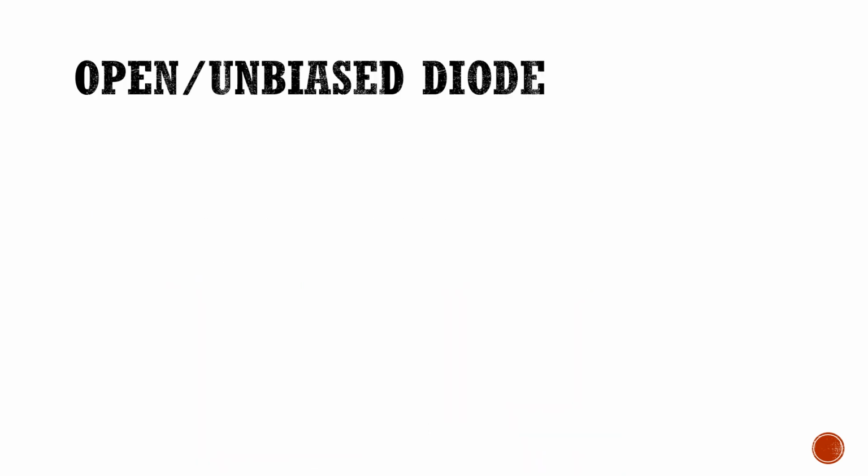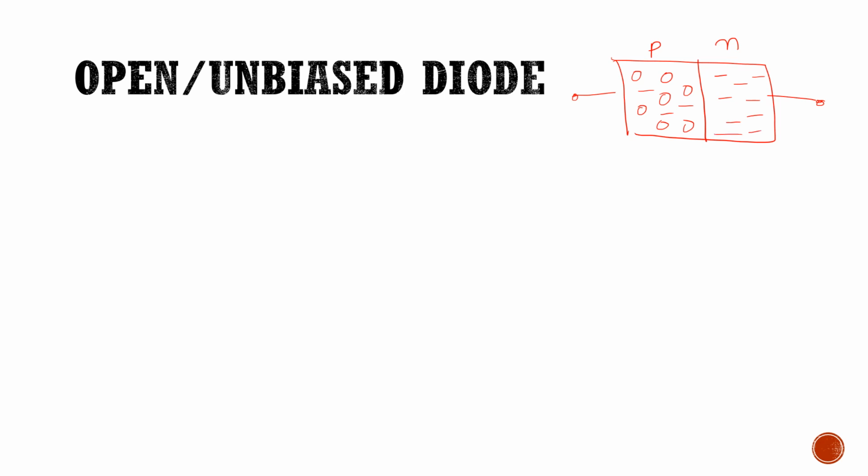Now we will look at open or unbiased diode. There is no external voltage applied in this diode. This is the P region and this is the N region. We know that holes are the majority charge carriers in the P region and electrons are the minority charge carriers, whereas in the N region, electrons are the majority charge carriers and holes are the minority charge carriers.